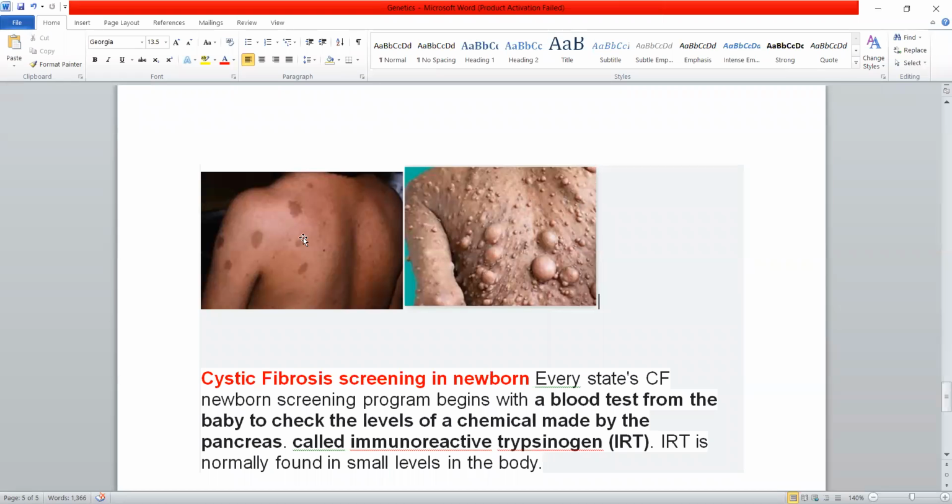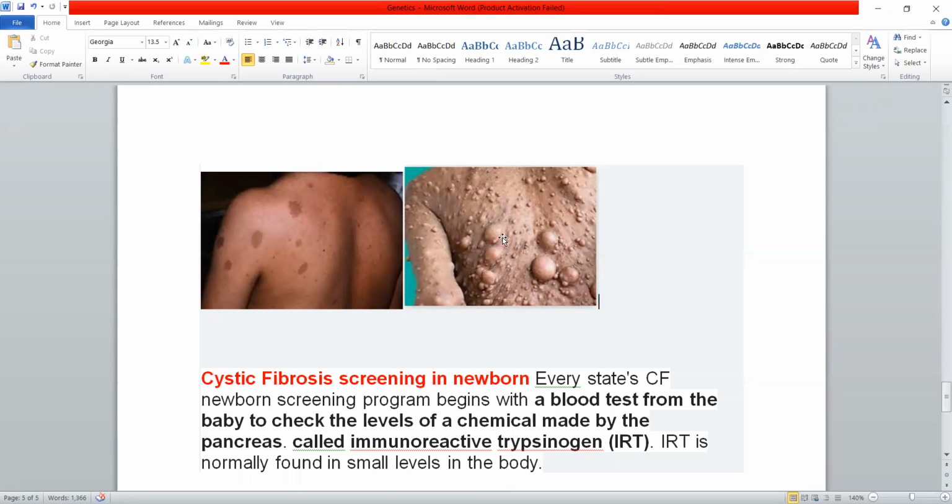So you can see in this diagram, these spots or these macules, these flat coffee colored macules, these are known as cafe-au-lait spots. This one, this one, this one, and this one. And these tumor-like growths on the skin, they are neurofibromas.